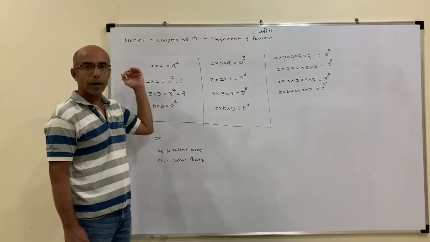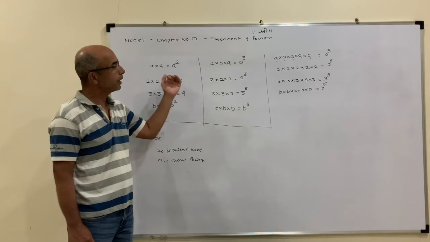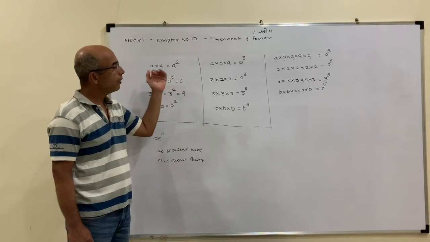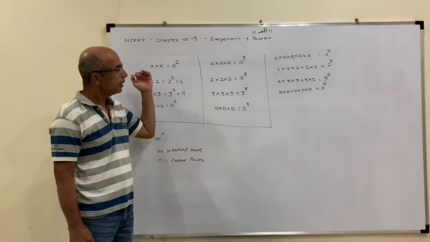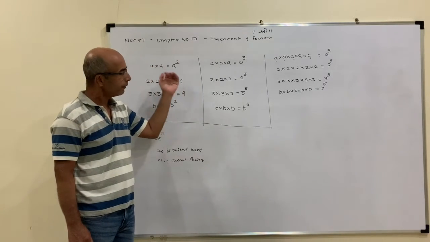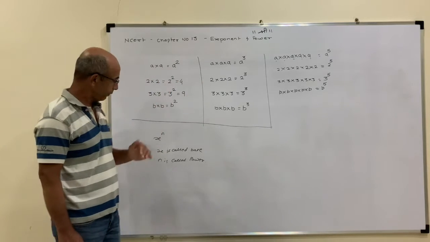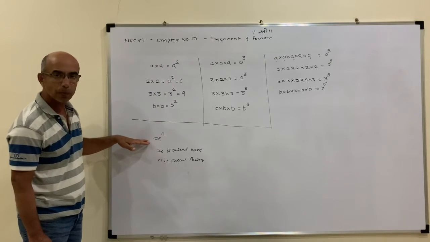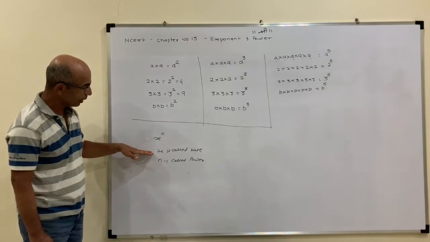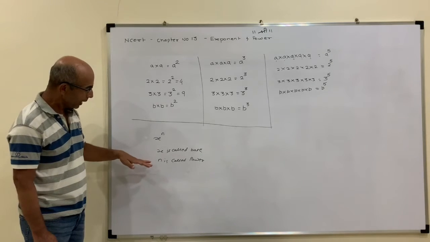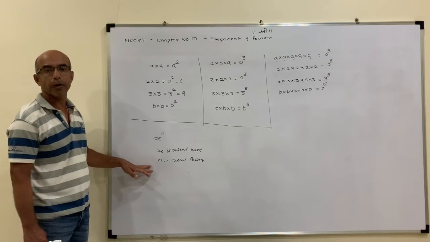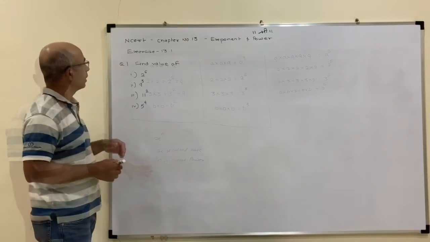When 2 is multiplied by itself 5 times, it becomes 2 raised to the power 5. In similar manner, 3 raised to the power 5, b raised to the power 5. And when x is raised to the power n, x is called the base and n is called the power.